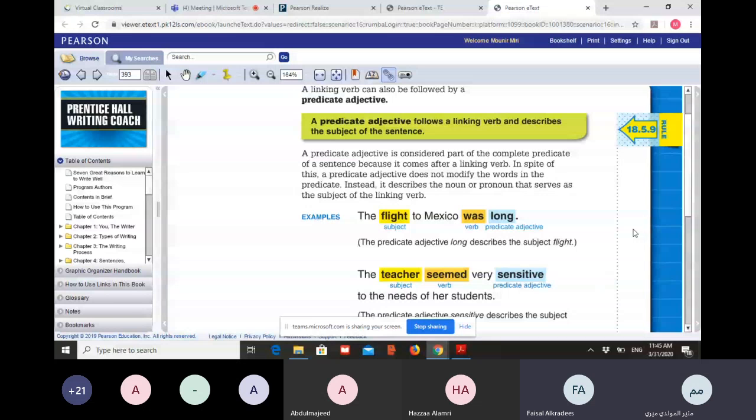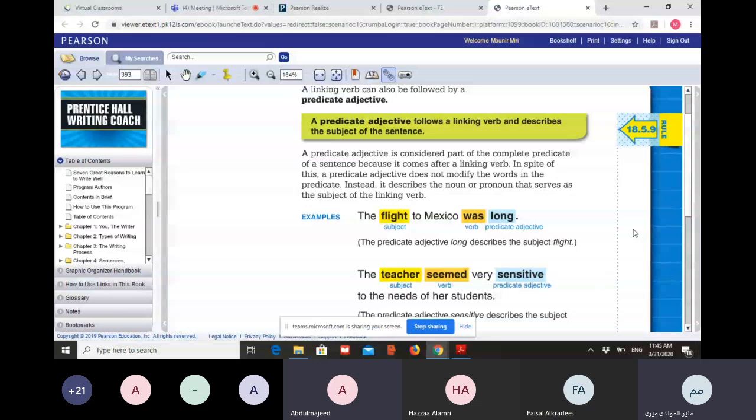A predicate adjective does not modify the word in the predicate, and instead it describes the noun or pronoun that serves as the subject of the linking verb.